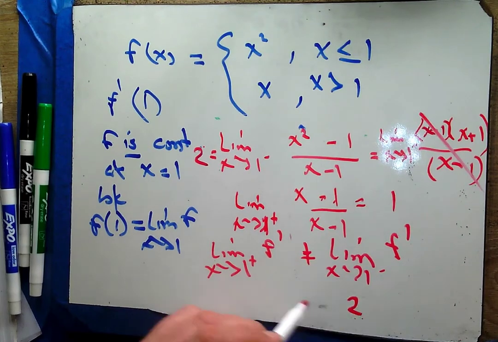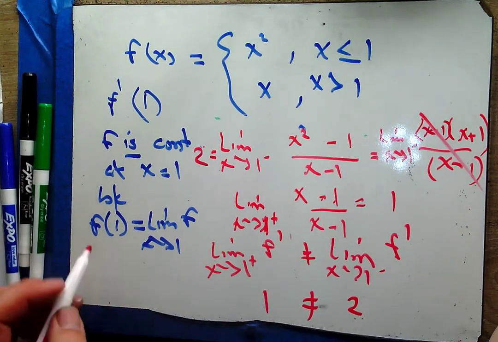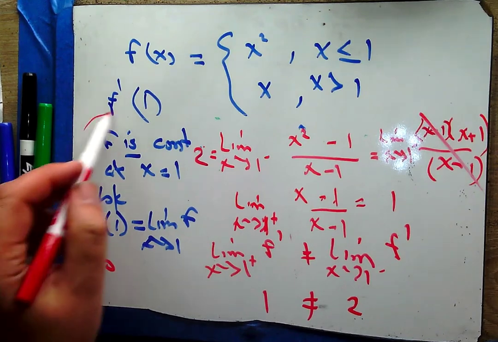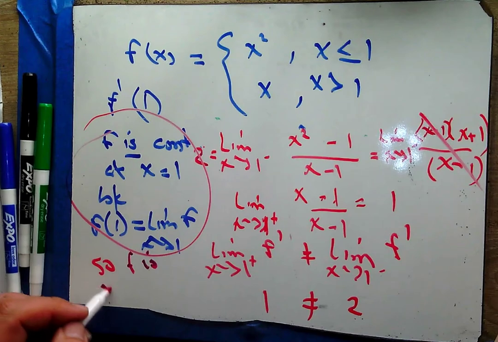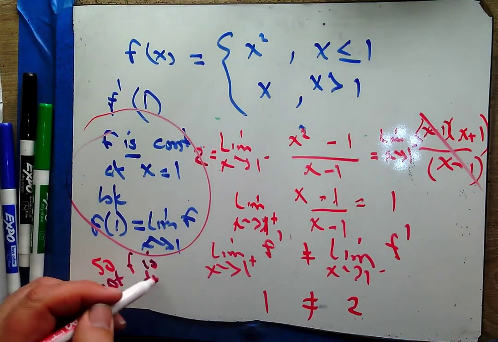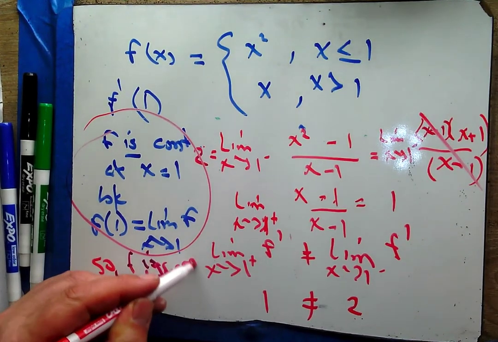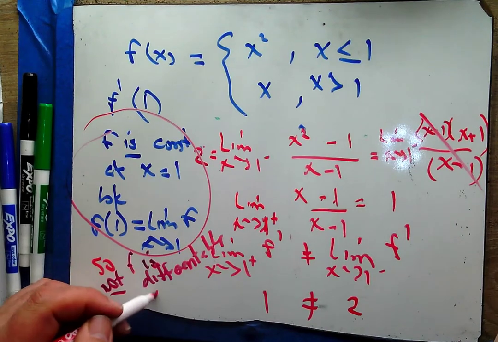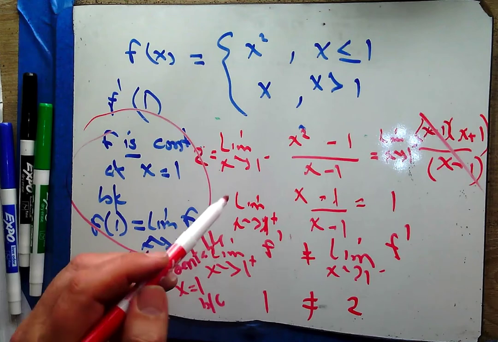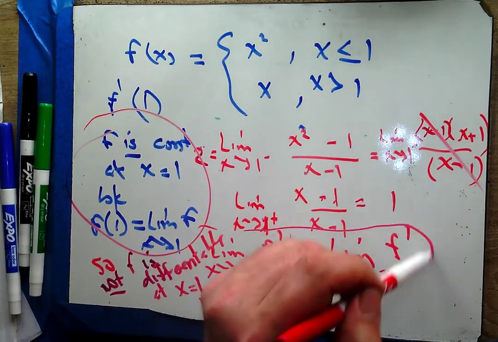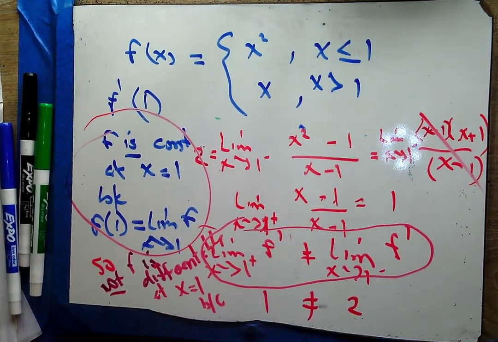This slope is 2, this slope is 1, so even though the function is continuous, f is not differentiable at x equals 1 because the limit of the slopes from both sides is not the same.